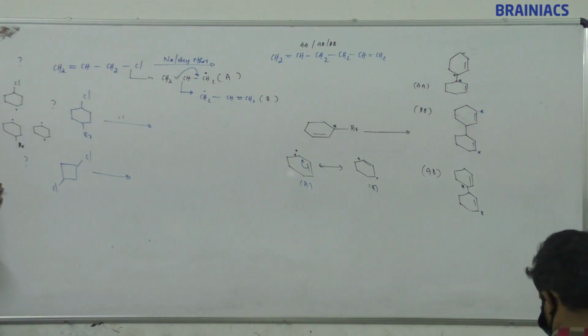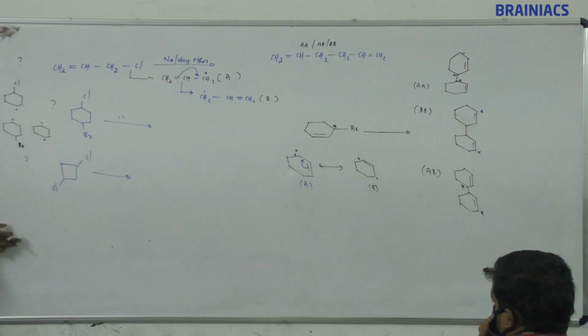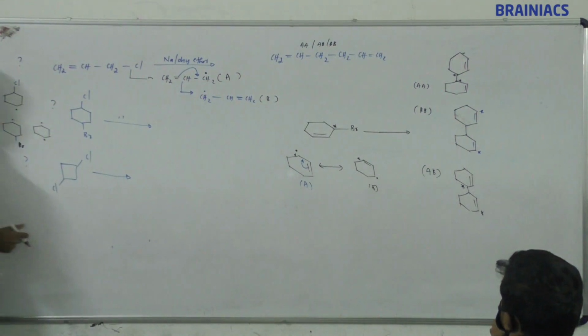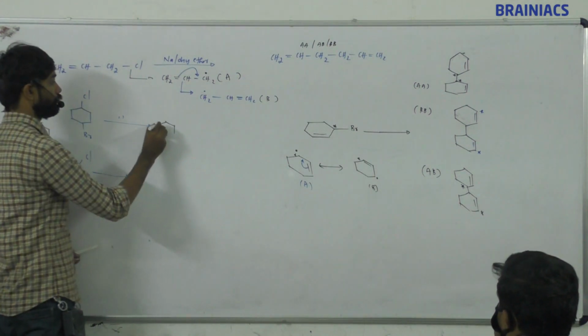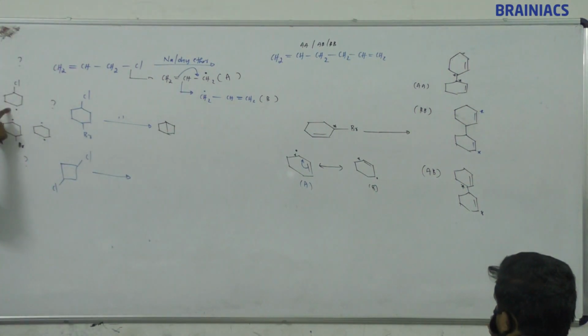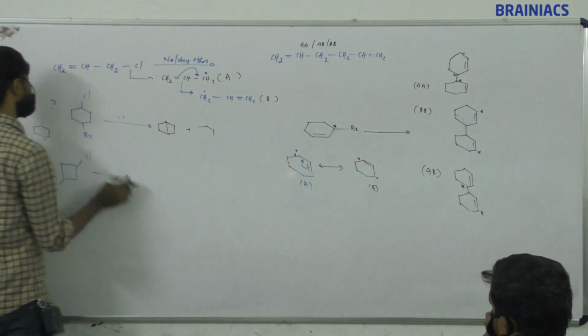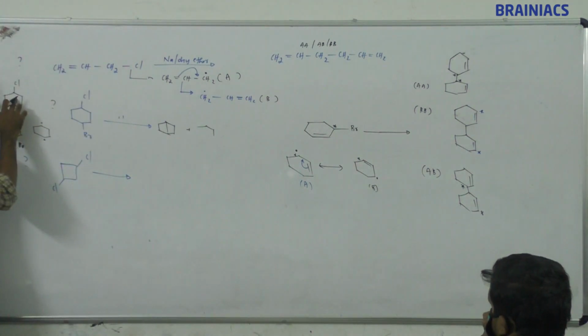Okay. Since this is in a diagonal position, they readily form a brittle compound, like this. If there are 2 molecules like this, then there may be a chance for 2 of this radical.